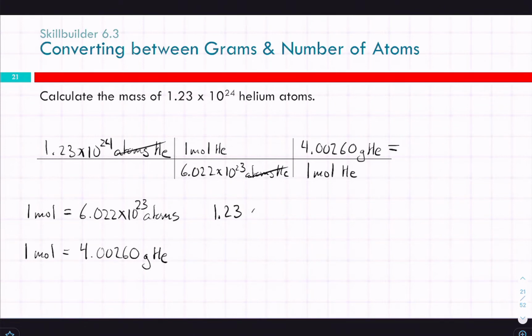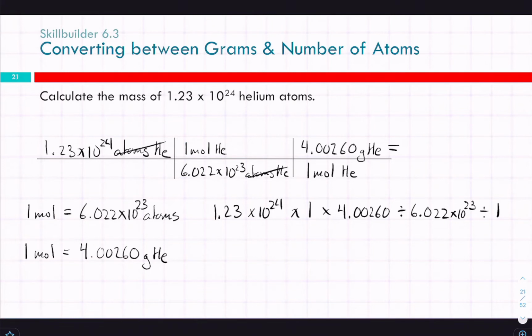But 1.23 times 10 to the 24 times 1 times 4.00260, and then divided by 6.022 times 10 to the 23 divided by 1. When I say divide by everything on the bottom, literally hit divide before everything that's on the bottom.